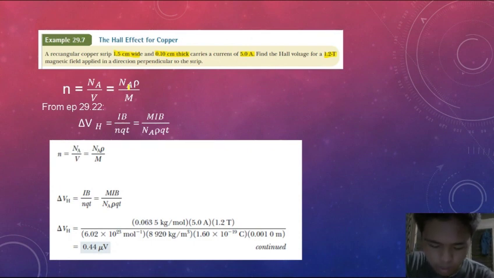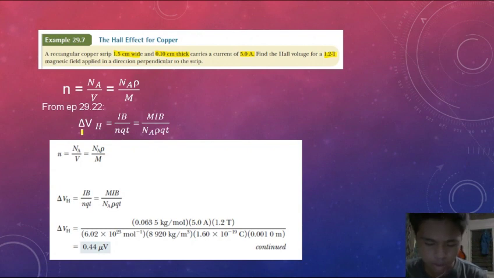Since one electron per atom is available for conduction, we can find the charge carrier density in terms of molar mass M and the density rho of copper. So n is equal to Avogadro's number over V, in which V is equal to molar mass over density of copper. So this is our final equation for n.